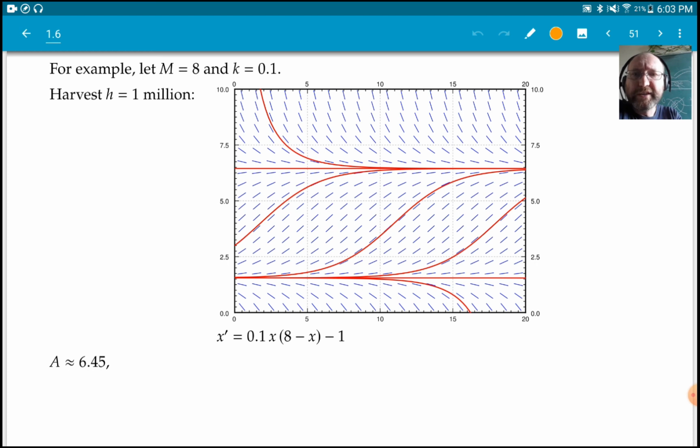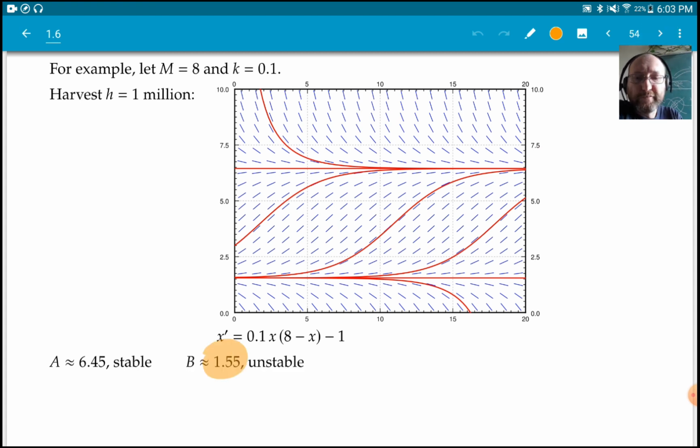Normally the limiting position would be 8, it would be somewhere over here if there was no harvesting whatsoever, right? But now it's actually at 6.45, right? The lower one is also different. It's actually bigger than 0, the unstable, right?